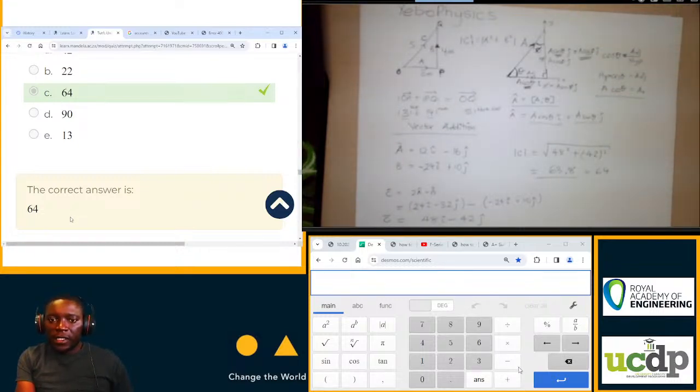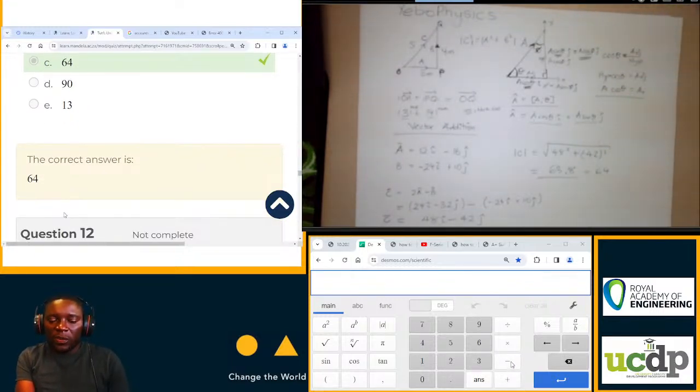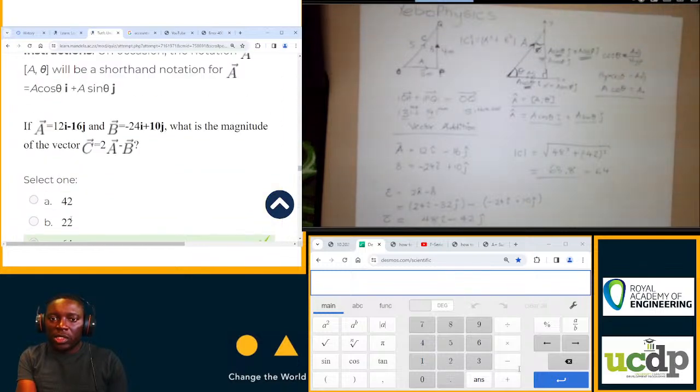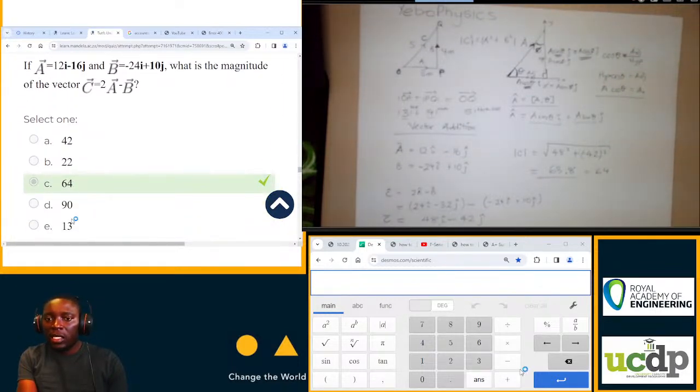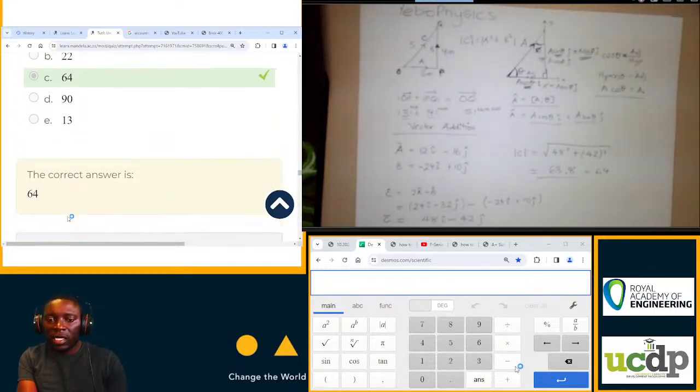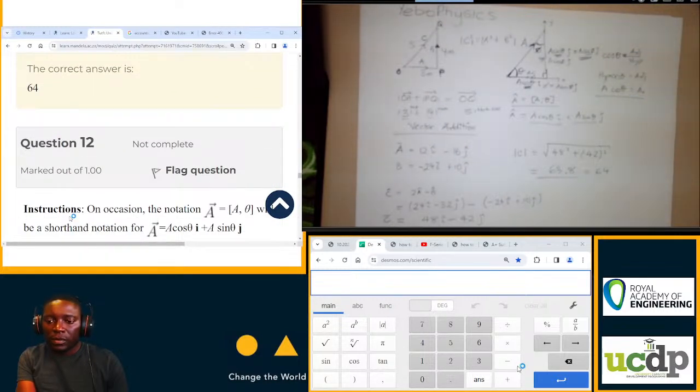And that's 64. So that's basically how you get to the magnitude of the resultant vector. You add the vectors first, then you take the root of the sum of the squares of the added vectors, of the components in the i and in the j.